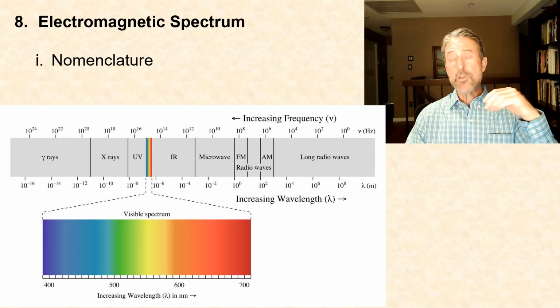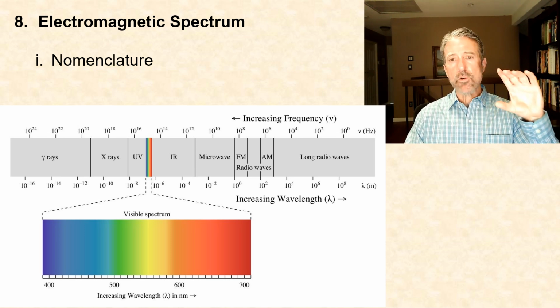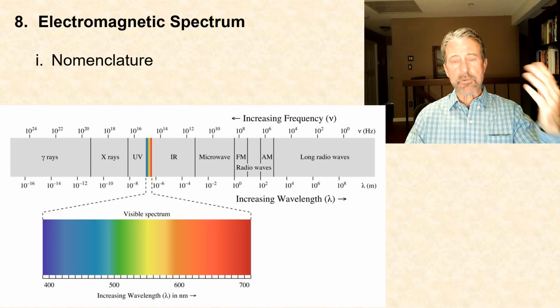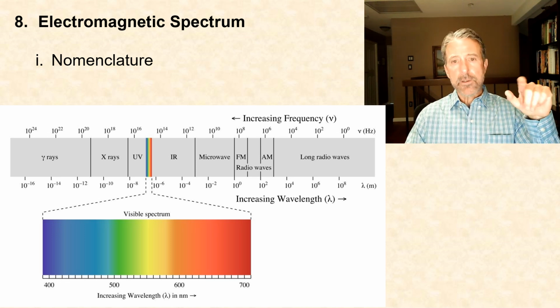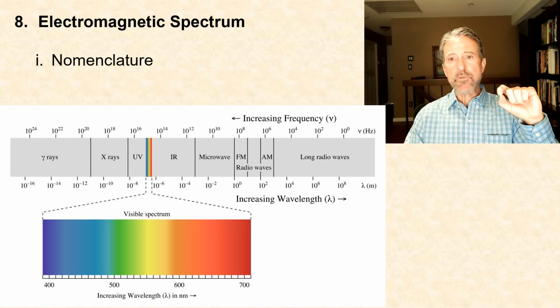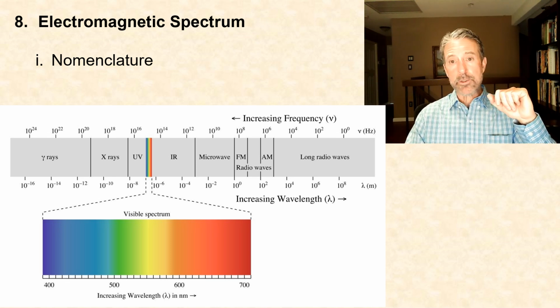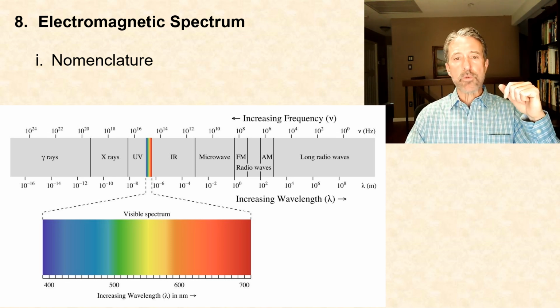With regards to nomenclature, we name electromagnetic waves based on where they fall on the spectrum of wavelength and frequency. Note that the specific names of waves correspond to ranges of wavelengths and frequencies, rather than to individual wavelengths and frequencies.